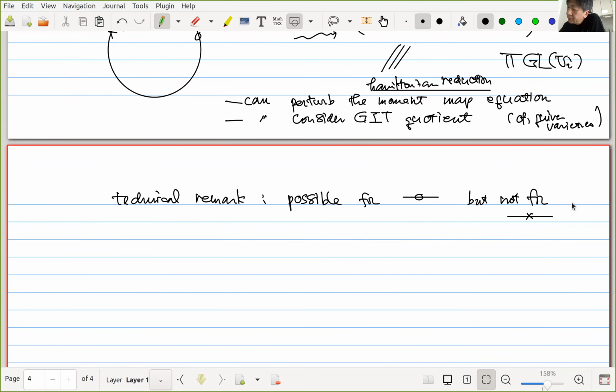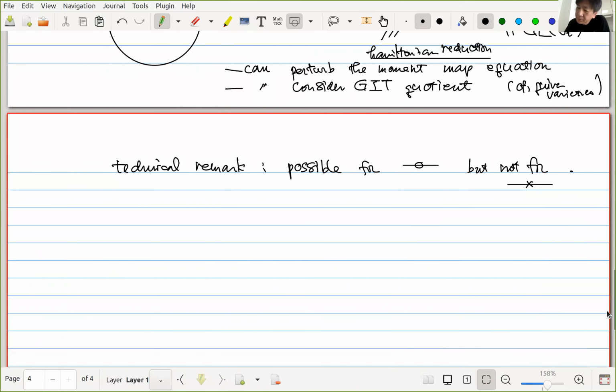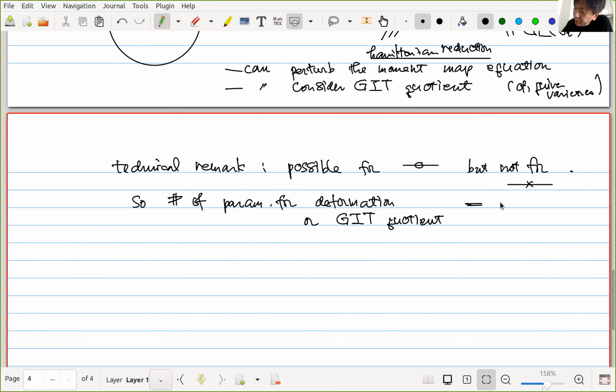So actually, the number of parameters for the geometric quotient, or the number of parameters for deformation, is equal to the number of circles.